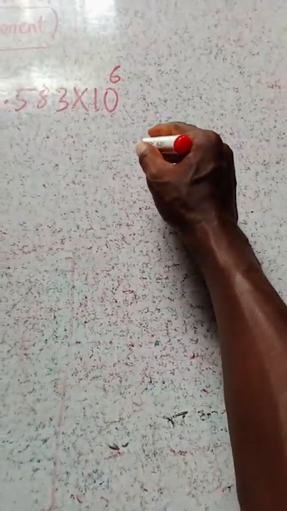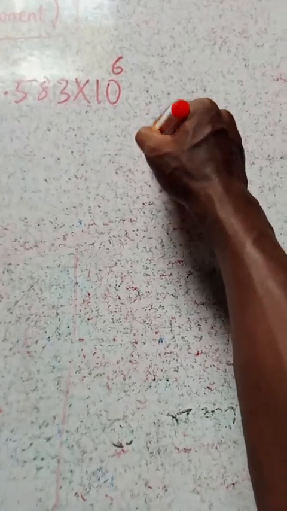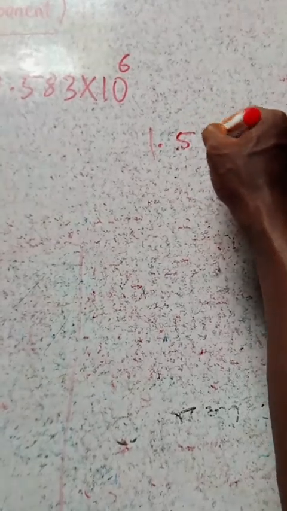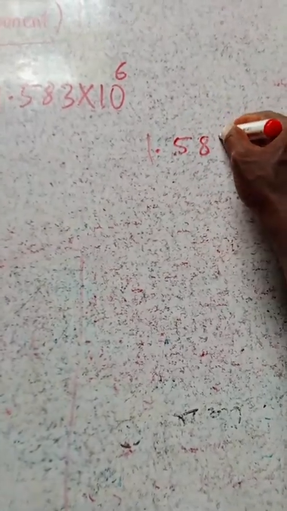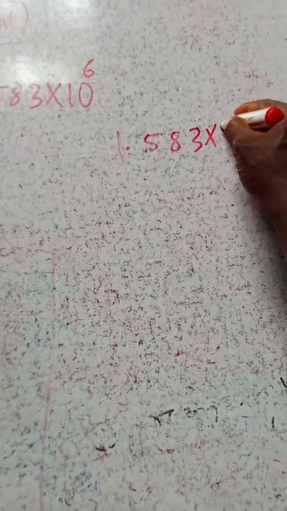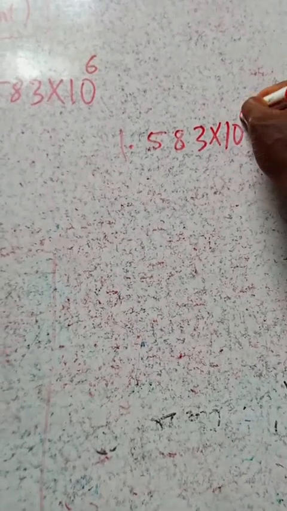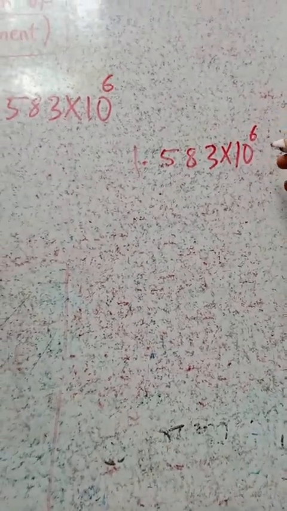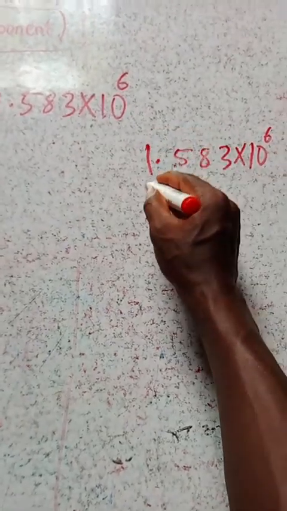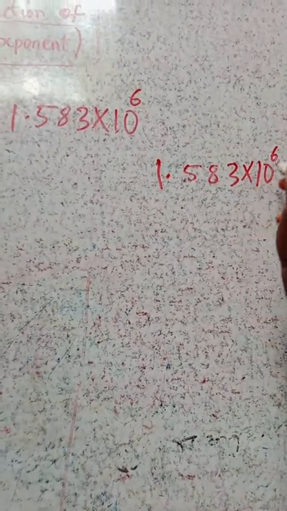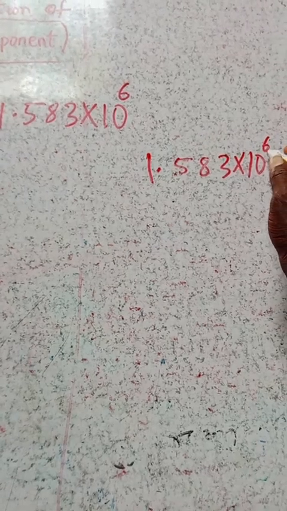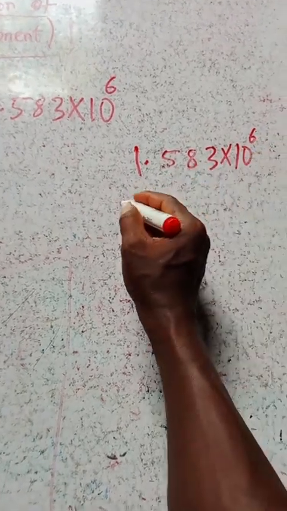This is 1.583 times 10 to the power 6. Now, we are going to reduce this standard form to exponent 4. How do you do that?